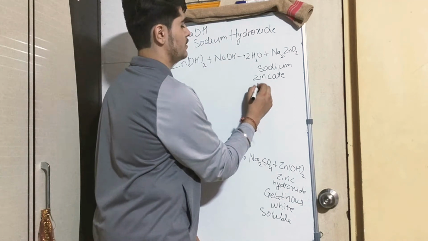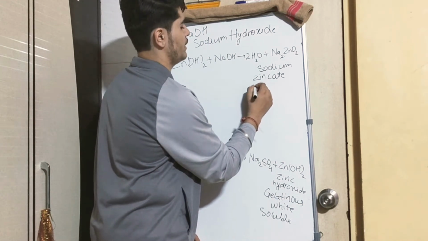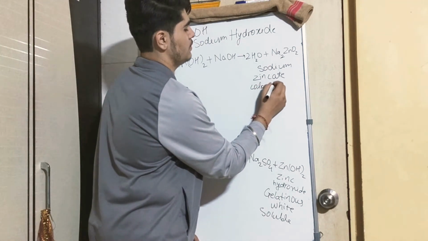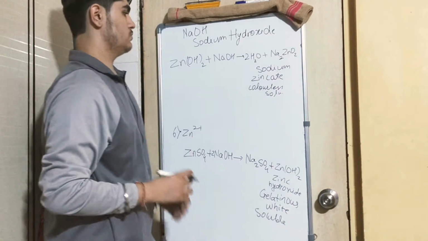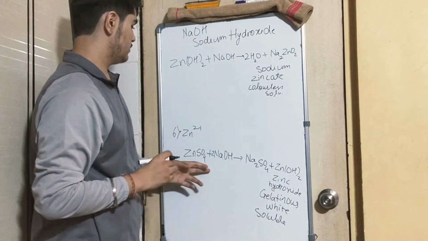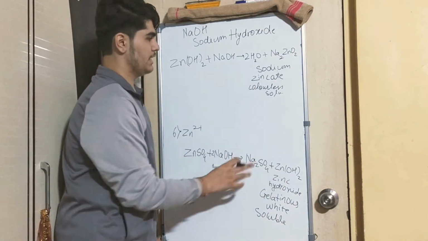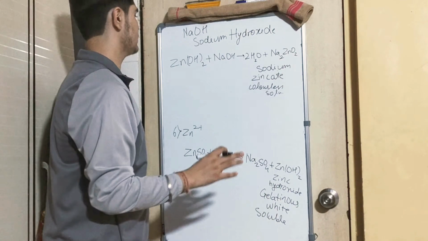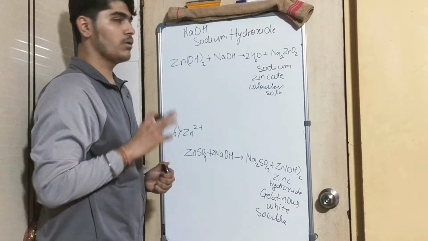This is a clear solution, meaning a colorless solution. This is one soluble precipitate which we get, and one more soluble precipitate we will get. First copy it down.